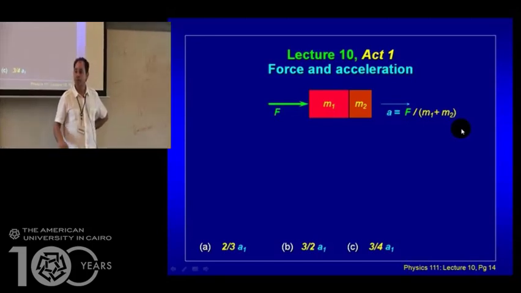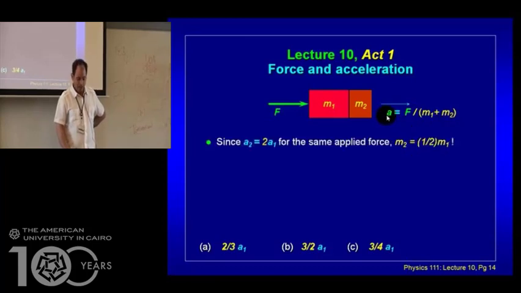Now my problem is not just to get the acceleration. My problem is to find the relation between M1 and M2, and if I do that, I can easily find what the acceleration A is. And this is the statement that Abdurrahim said. Since A2 is double of A1, that means that M2 is half of M1.